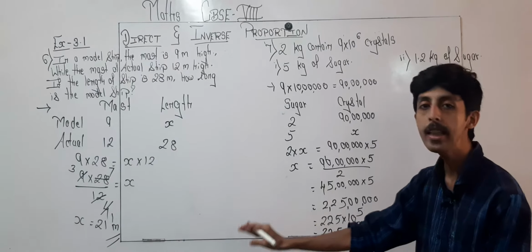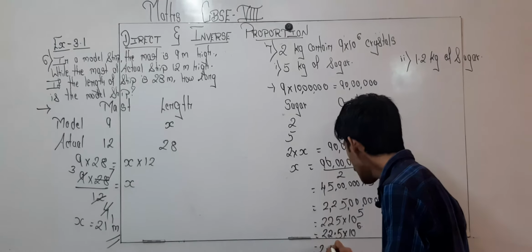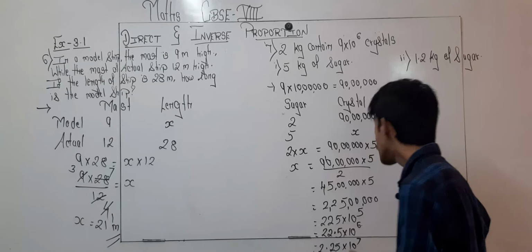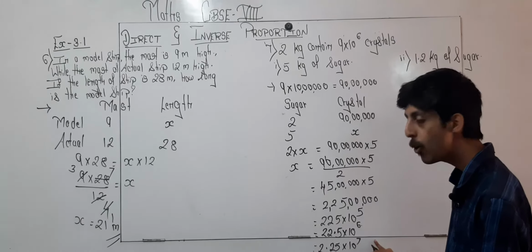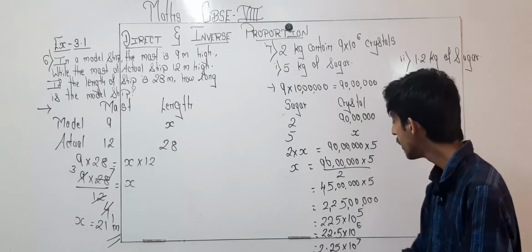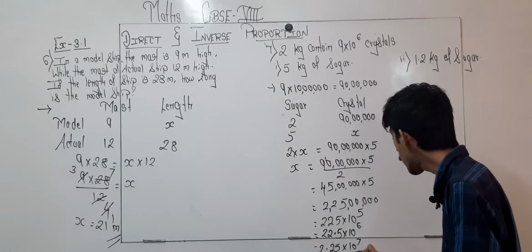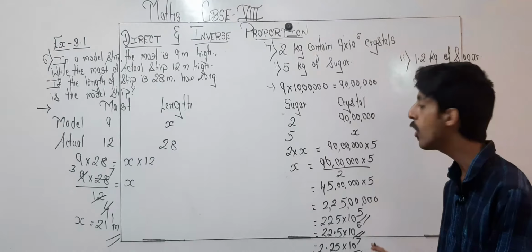The point is getting shifted. You can also write it this way as 2.25 into 10 raised to 7. The point is getting shifted. When the power is increasing over here, the point is moving to the left-hand side. Okay, understood over here? So you can write any of the answers, they are all the same.